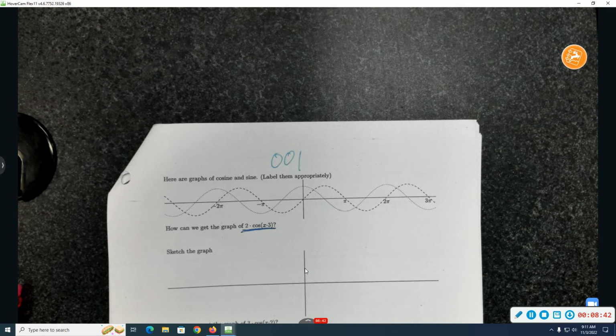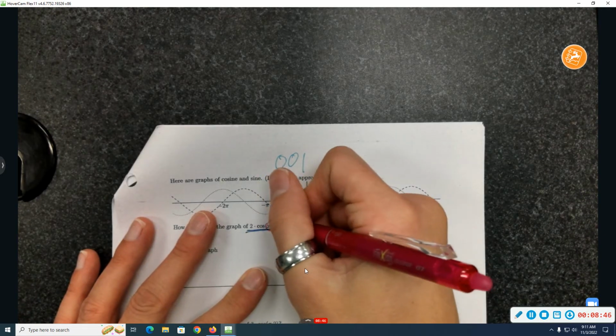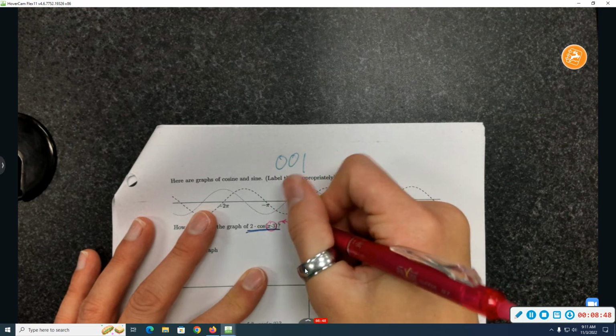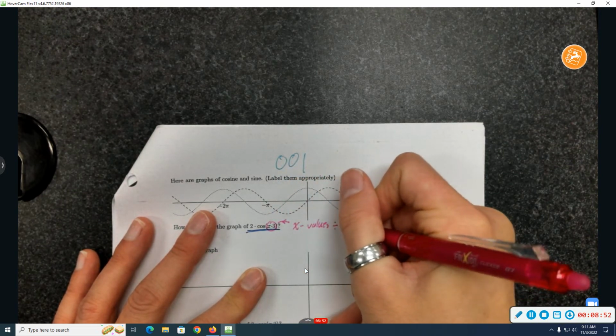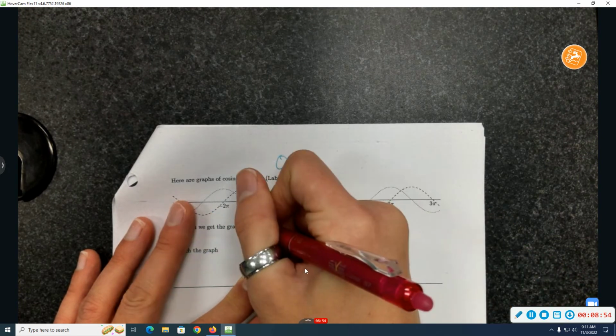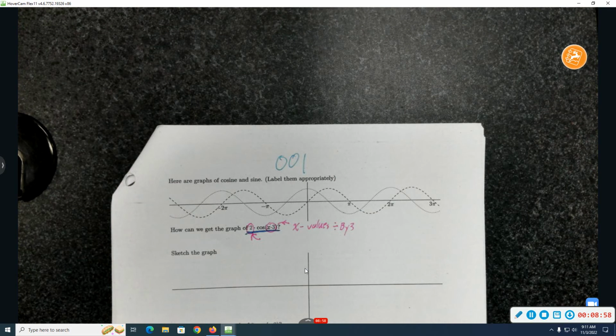So what will this 3 achieve? X values get divided by 3. What does multiplying a function by 2 do to the graph of that function?